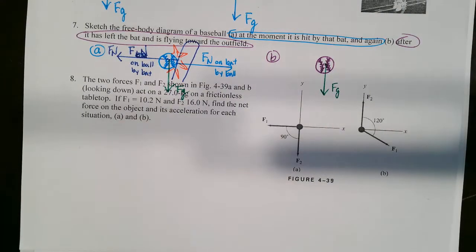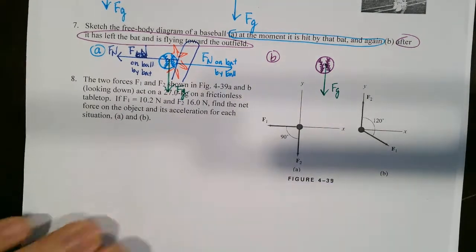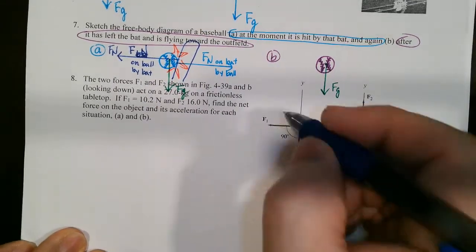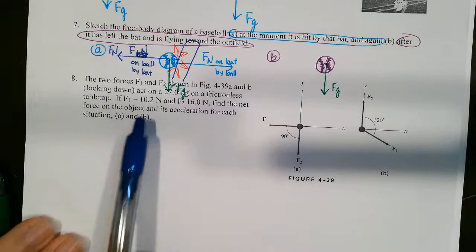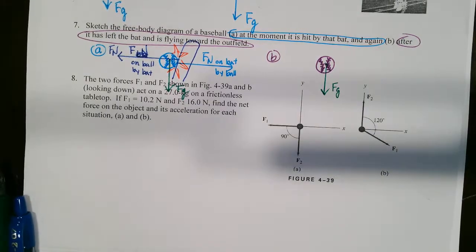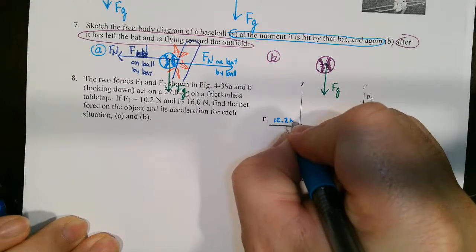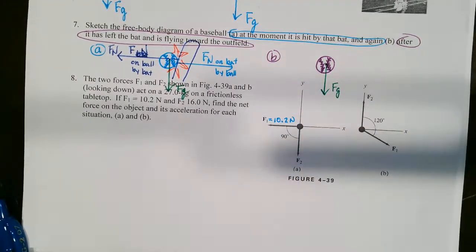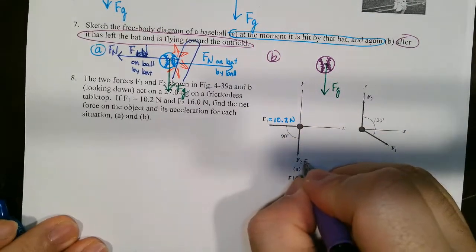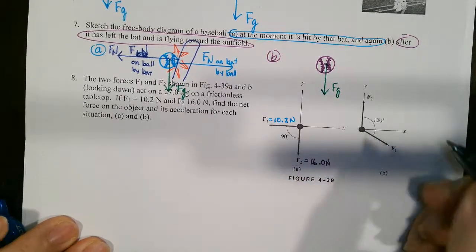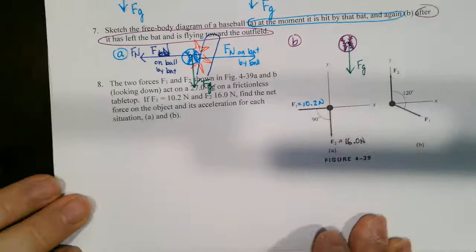So you should be able to do this no problem. So F1 happens to be 10.2 newtons, and F2 happens to be 16.0 newtons. So this is for A.